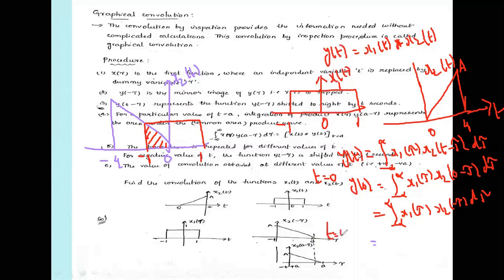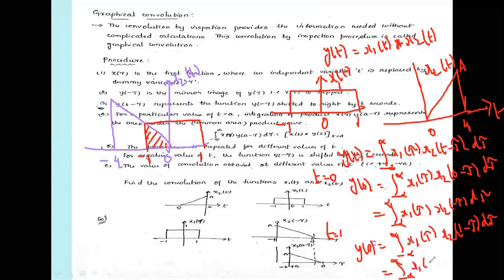What happens when t is equal to 1? Y of 1 becomes the integral from minus infinity to infinity, x1 of tau, x2 of 1 minus tau, d tau. Means the folded function is shifted towards the right side by one sample.